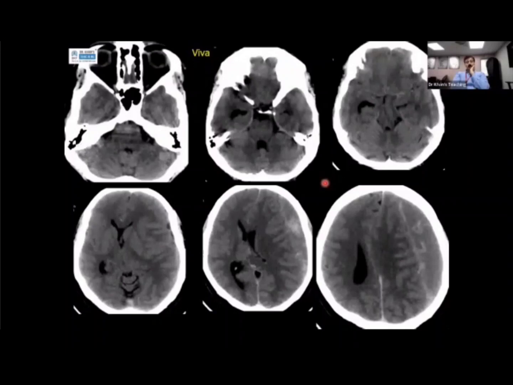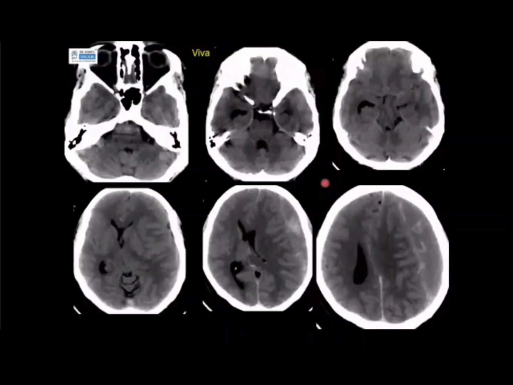There is a large extra-axial collection in the left fronto-temporoparietal region, which is isodense to the surrounding white matter and gray matter. There is also internal hyperdensity seen within this, suggestive of an acute on chronic subdural hematoma. This is suggestive of the swirl pattern.